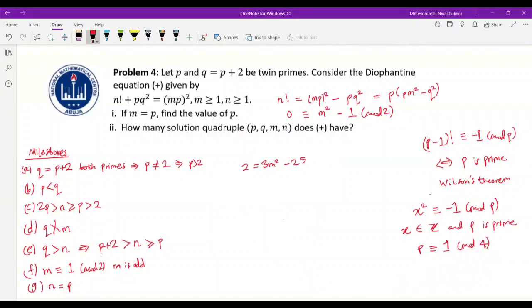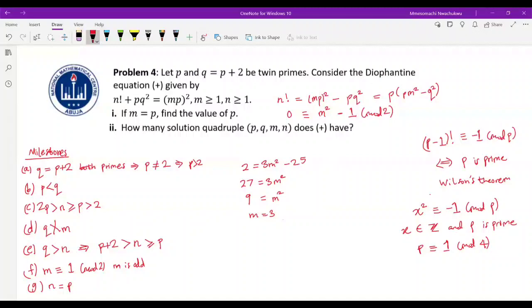So we have that 25 plus 2, that's 27, is equal to 3m squared. Okay, and so we have that 9 is equal to m squared. So m is equal to 3.